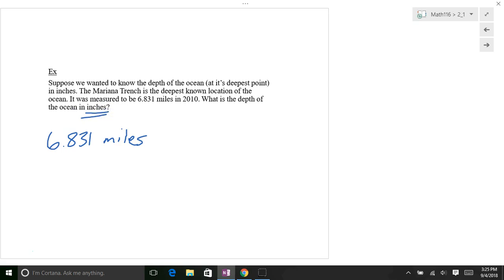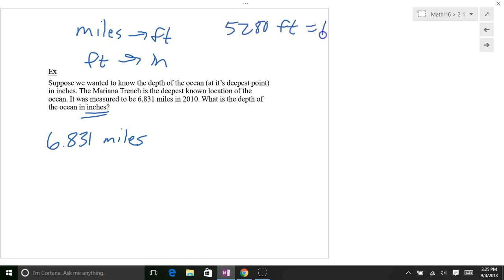So the first thing is I'm going to go from miles to feet, and then from feet to inches. That's because I know there's 5280 feet in a mile from the last slide, and for every foot there's 12 inches. So let's first convert to feet.